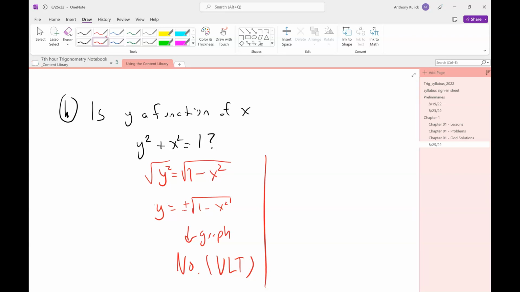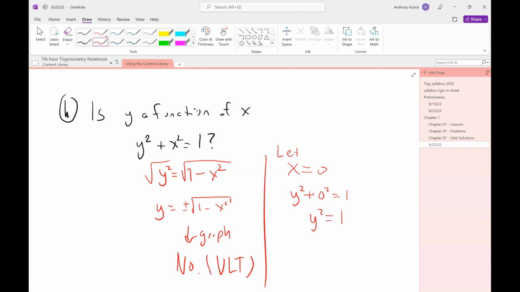So I could have picked a value for x and shown that I could get more than one value for y from it. Everybody's okay with that idea? So let's say I just pick x equals 0. So if I do that, I get y squared plus 0 squared equals 1.